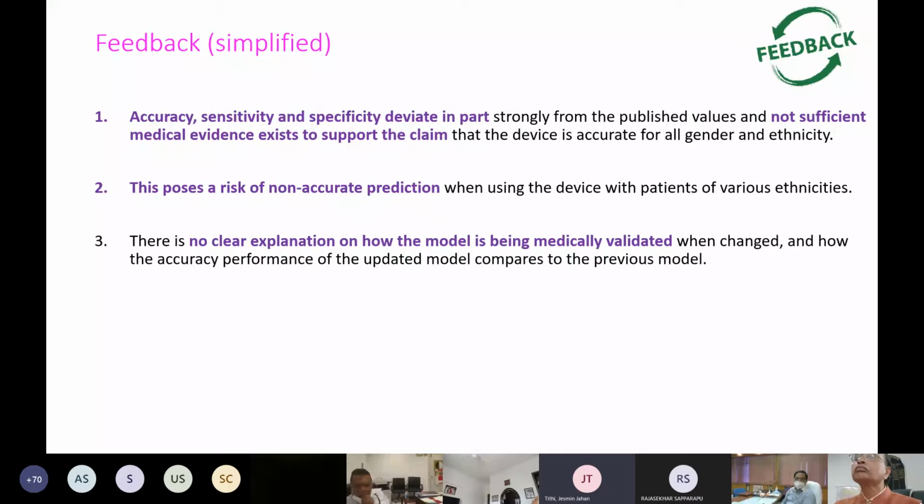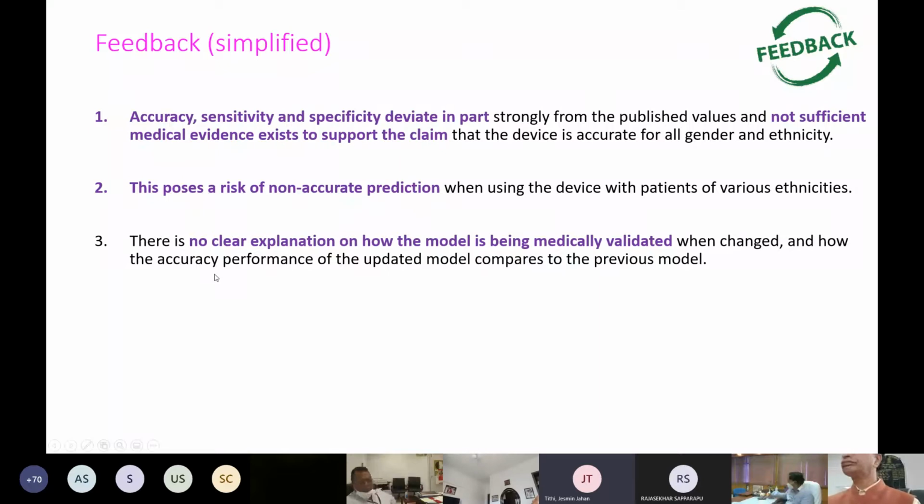The feedback, and here is a simplified version that we came up with, is that the accuracy, sensitivity, and specificity deviate, in part strongly, from what was published by the AI developers. And there was no significant medical evidence to support their claim that the device is accurate for all genders and all ethnicities. This poses a risk of inaccurate prediction when using the device with patients of various ethnicities.